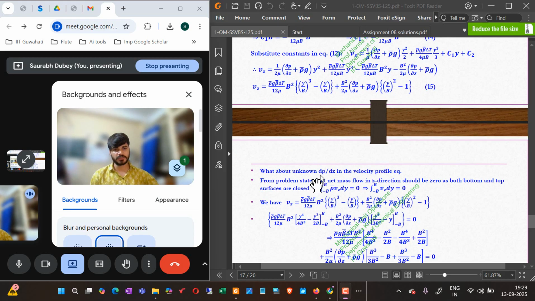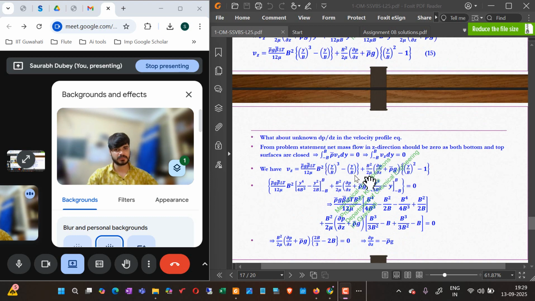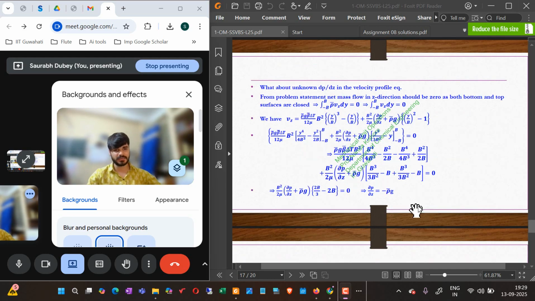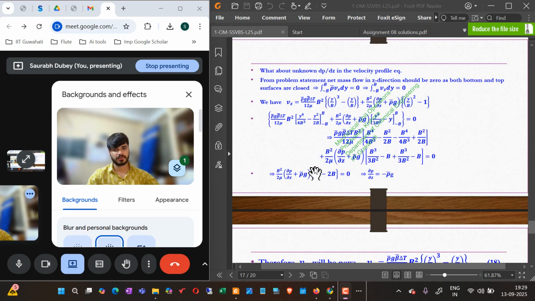Okay, what about the unknown dp by dz? That is another question, because dp by dz is coming here in the velocity profile equation. For the problem statement, the net mass flow in the z direction should be 0 as both the top and the bottom surfaces are closed. So when you apply that, the integral from minus B to B of rho bar vz dy equals 0, then you just put it there, and the entire term becomes 0, right?